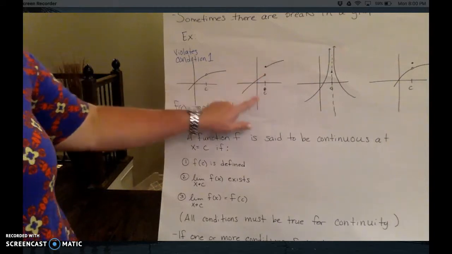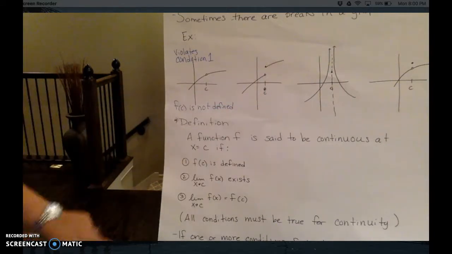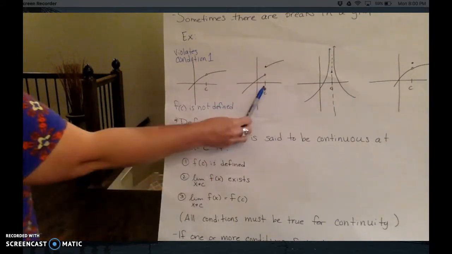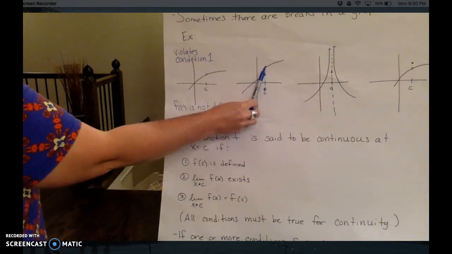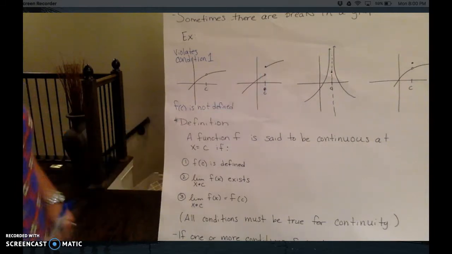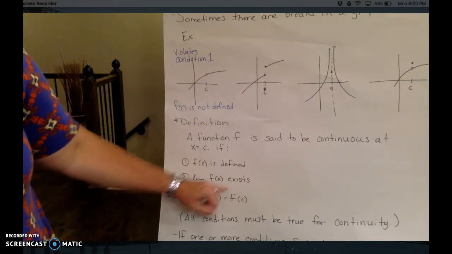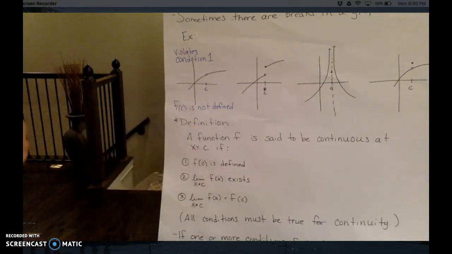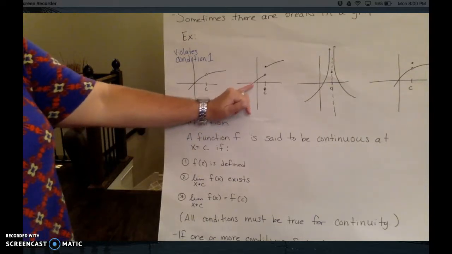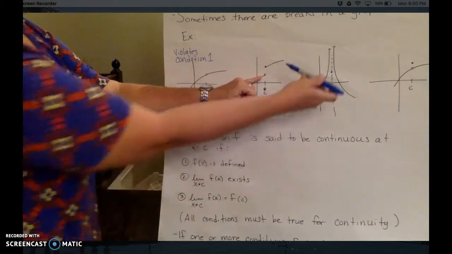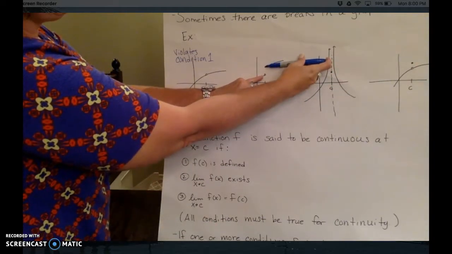The second graph, right? f of c has to be defined. Well, in this case, f of c is defined. It's this point right here. So that's fine. The limit as x approaches c of f of x has to exist. And remember, for a limit to exist, we have to be able to approach some value from the left and approach some value from the right and have them meet.